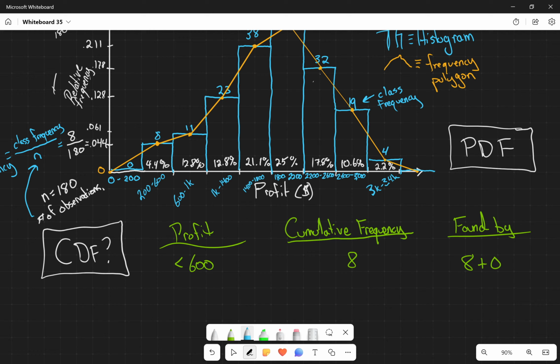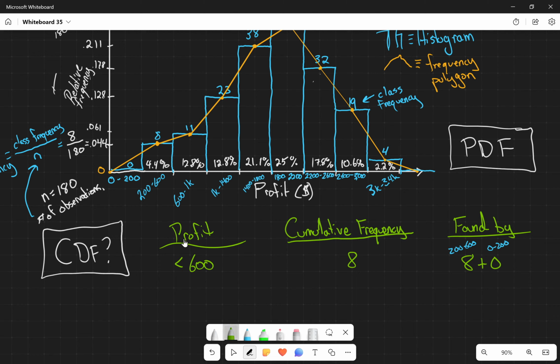Yes, we don't have any observations of the less than 200 category, but that doesn't mean that category doesn't exist. It doesn't exist when we show it on the histogram, but it still exists. So it's 8 plus 0, because it's all of the categories, right? This is our 200 to 600 frequency, and this is our 0 to 200 frequency. Is that making sense to everyone?